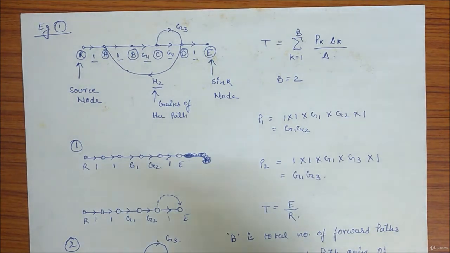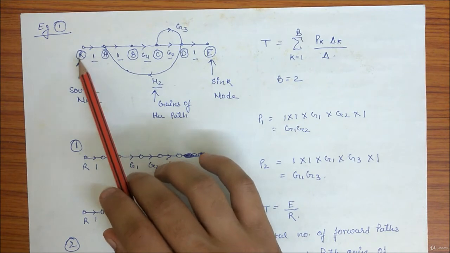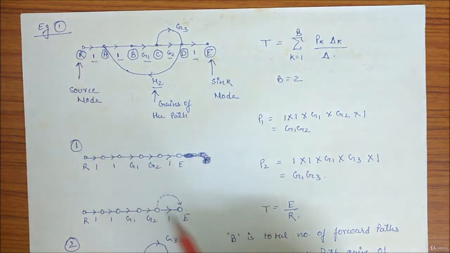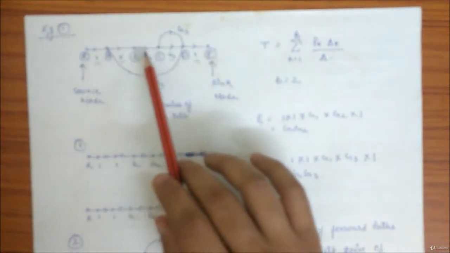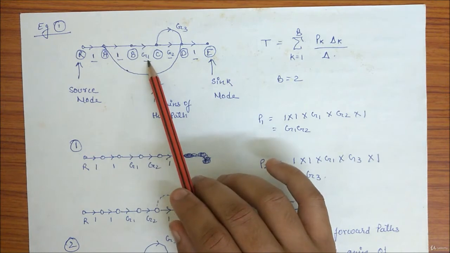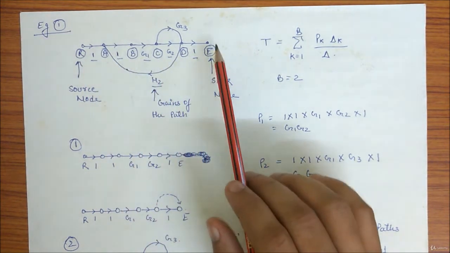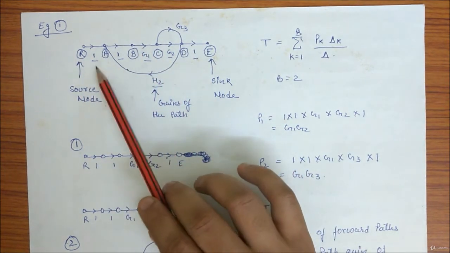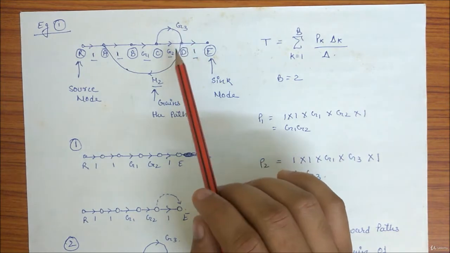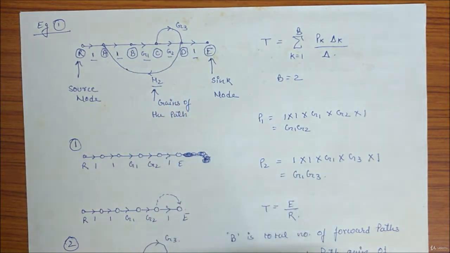For example, from node R to node A you multiply a gain of 1. Similarly, from A to B you multiply gain G1, then G2. A, B, C, D, E are nodes, whereas 1, G1, G2, H2, 1, G3 are gains of the branches. This is the signal flow graph.